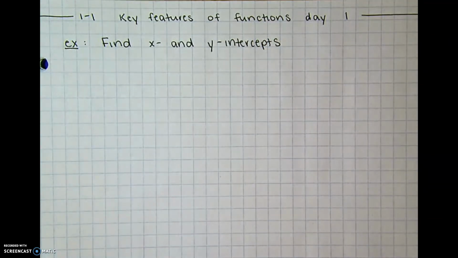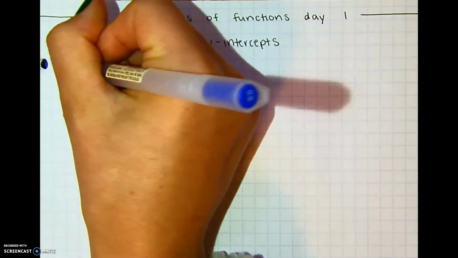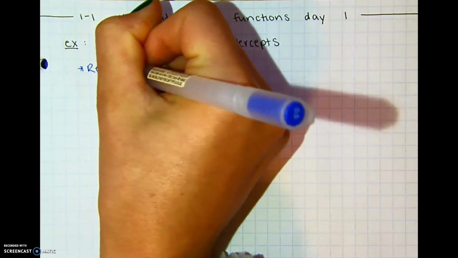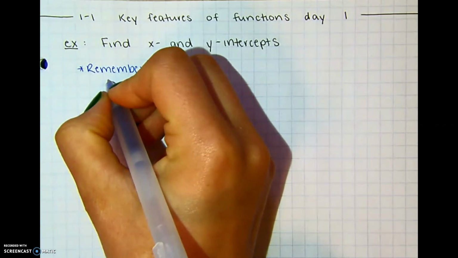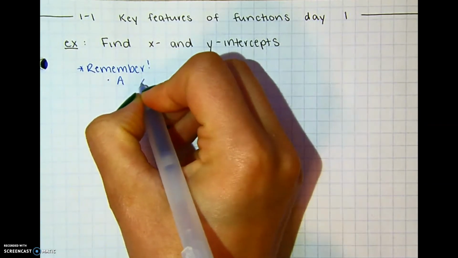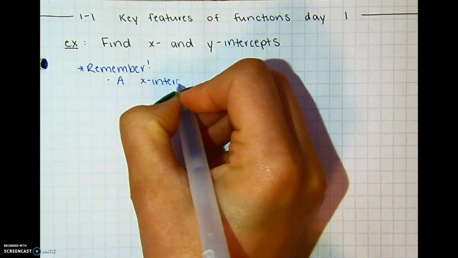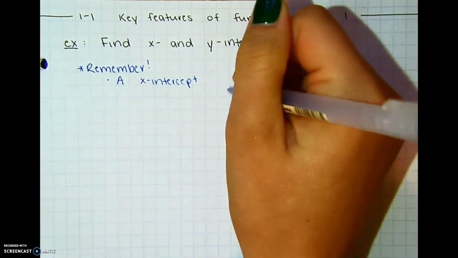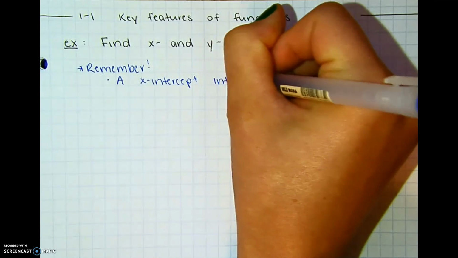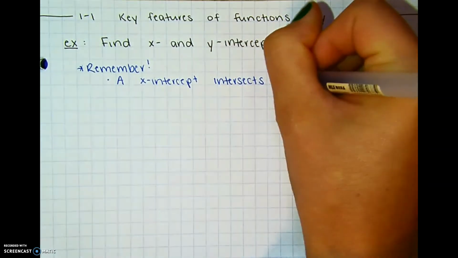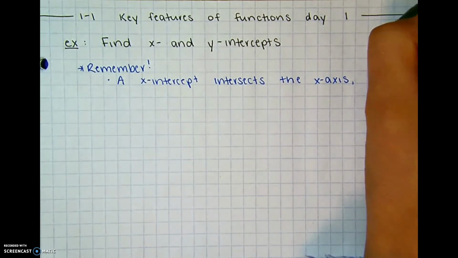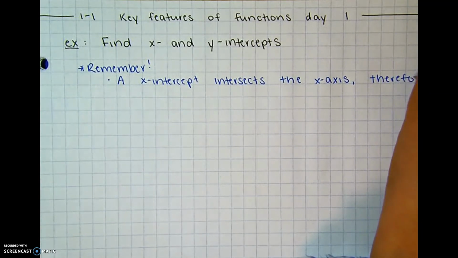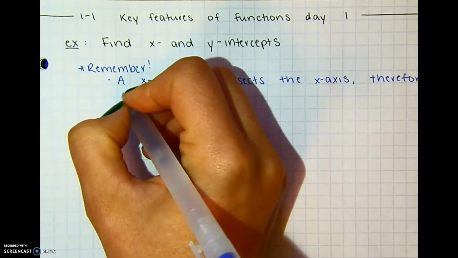Okay, so a few things that you need to remember, right? So remember what each thing is. So remember, an x-intercept intersects the x-axis, therefore y is always 0.